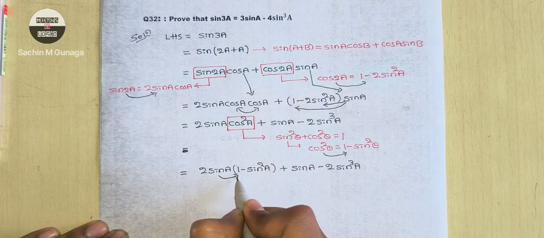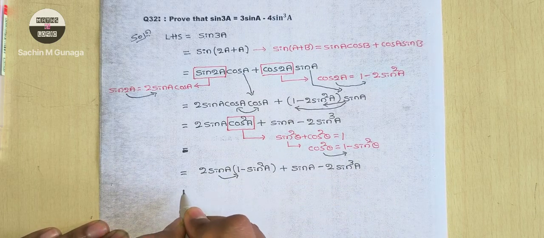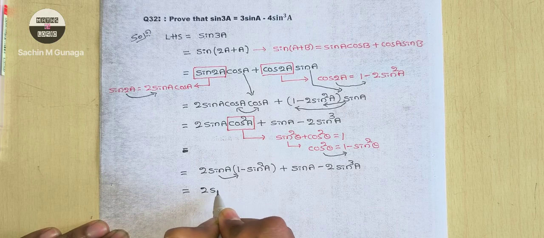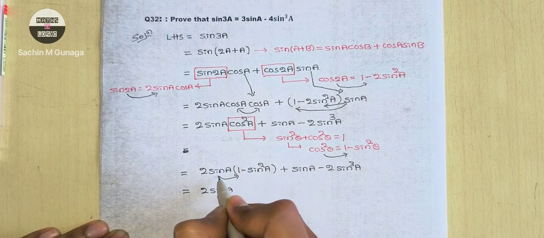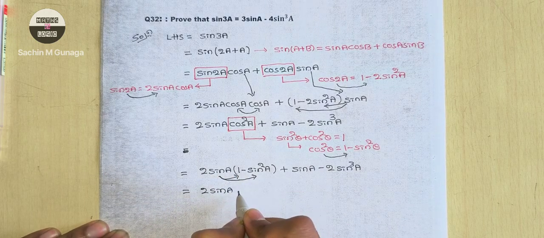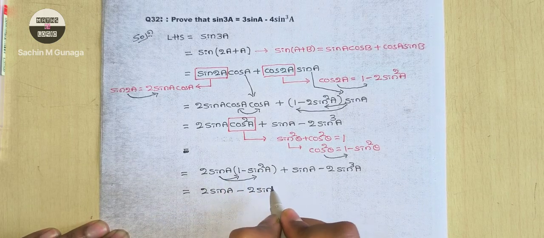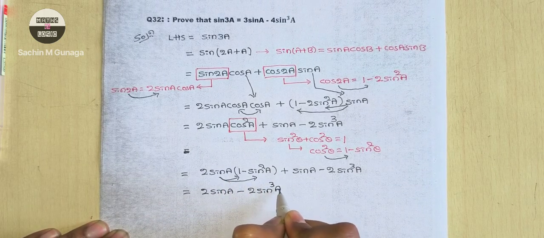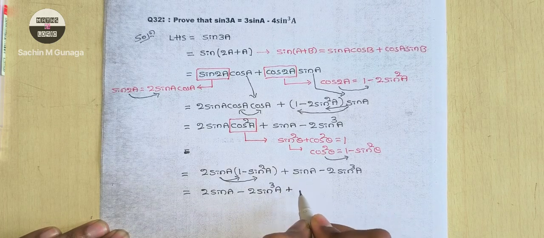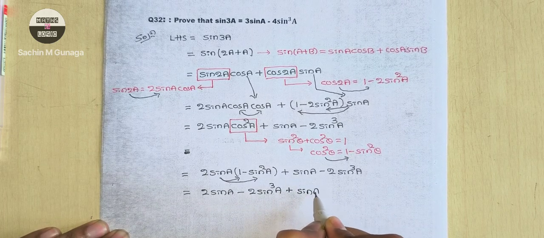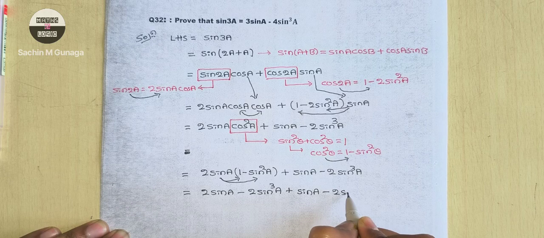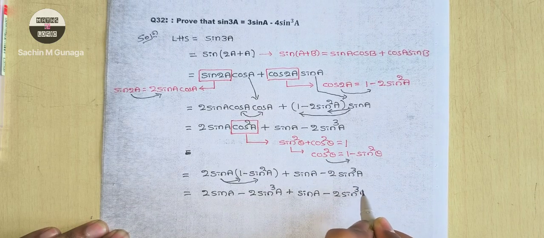Next, open the bracket, 2 sine a into 1 is 2 sine a. Next, 2 sine a into sine square a is 2 times sine cube a, plus keep this sine a as it is, minus 2 sine cube a also, keep it as it is.